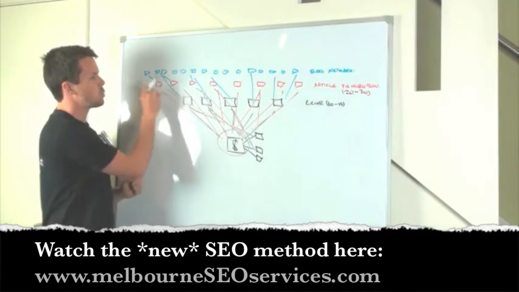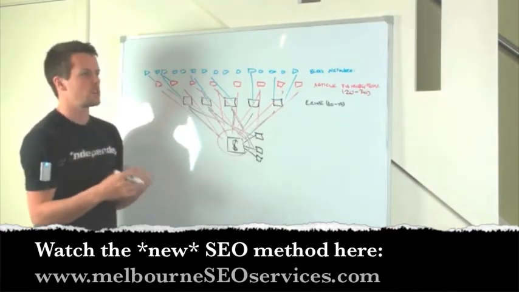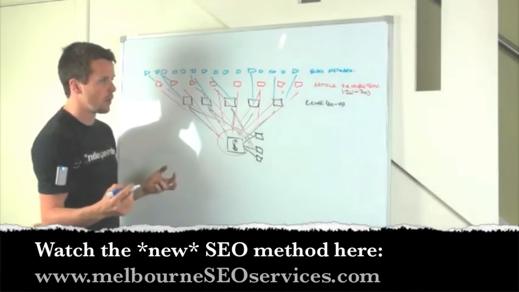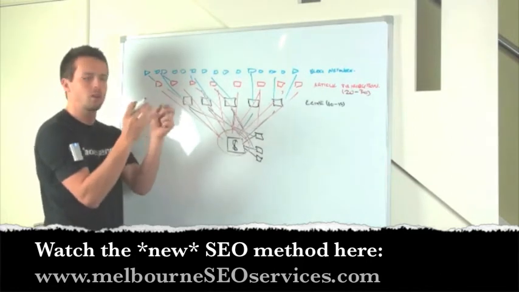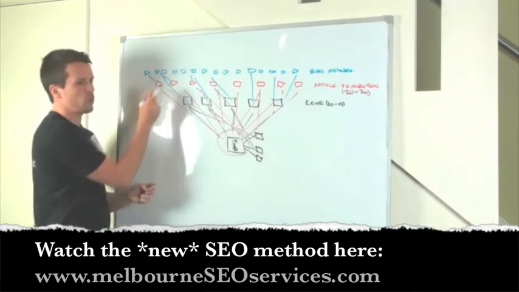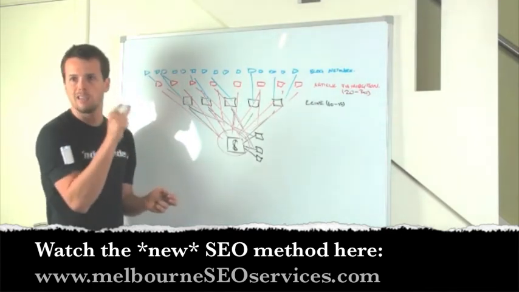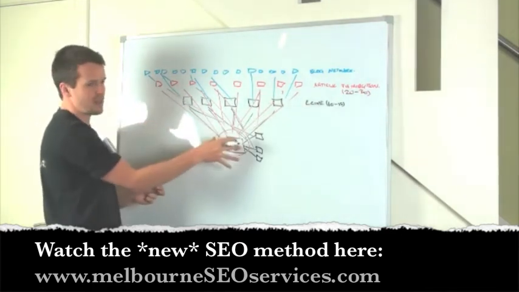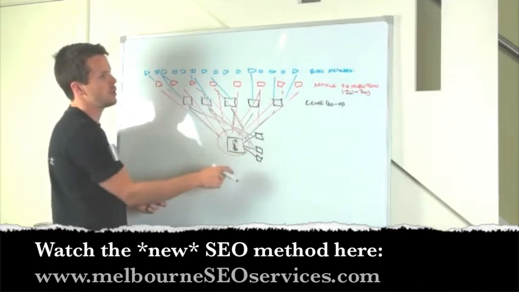For example, each one of these articles you might want to optimize for a specific keyword, whereas if I'm going for something slightly less aggressive, I don't necessarily optimize each article for a particular keyword. I'll just make sure that the article is on topic and the keyword linking in the resource box back to the money site has the appropriate keyword, both to the home page and also those internal pages.